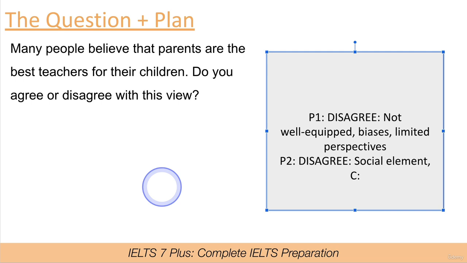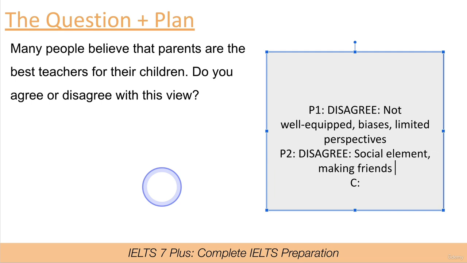How can you find outlets and hobbies, things like this, which are all really important for a child's development, making friends. This is all harder when parents are teaching, because you're not thinking about the wider aspects of society. It's quite closed to you and your parents, maybe siblings as well. Making friends, outlets.